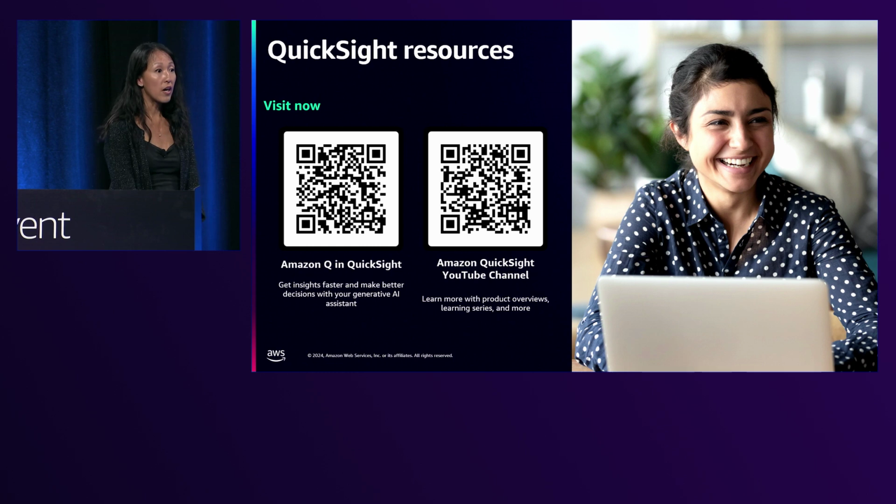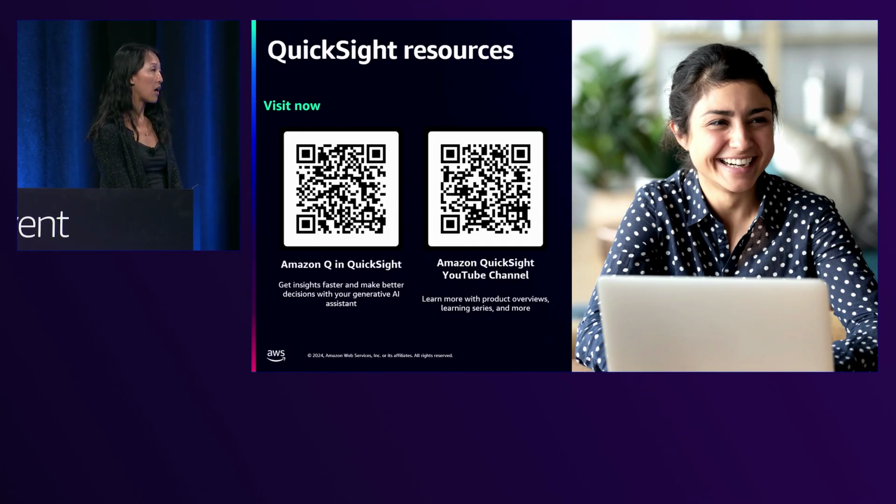We have a variety of resources that we built for you. On the left-hand side there, we do have a specific landing page for Amazon Q and QuickSight with the features, customer testimonials, use cases, etc. So there's a QR code.